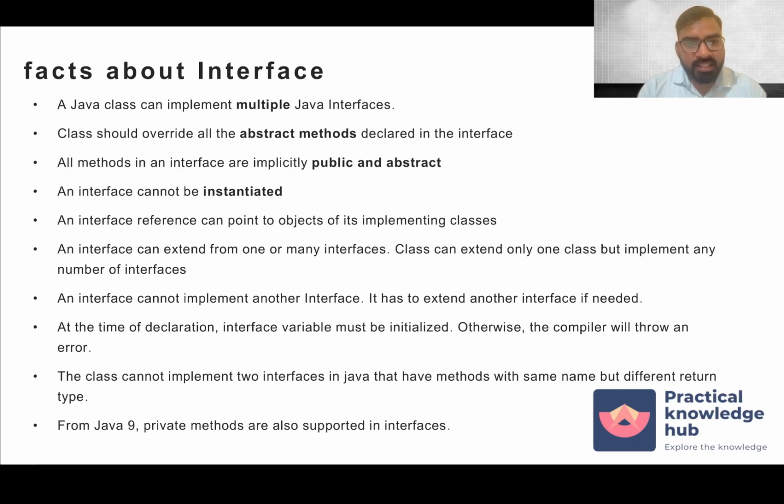We can't instantiate an object of an interface, and an interface can extend multiple interfaces. Inside the interface, when we declare a variable, it must be initialized, otherwise it will throw an error. From Java 9 onwards we can have private methods as well.